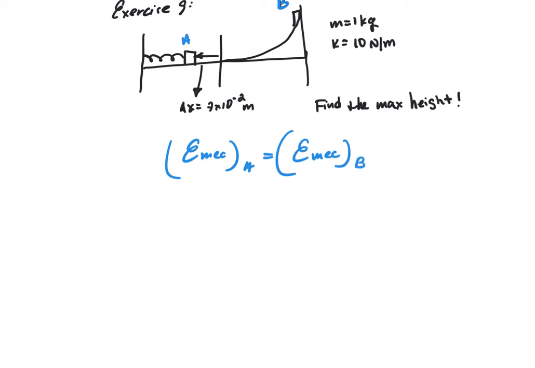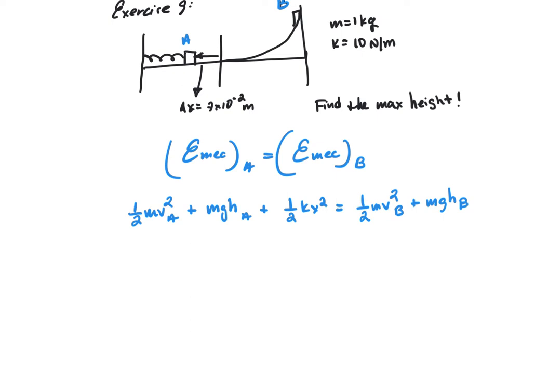We have our kinetic energy, one half m v of A squared, plus potential energy, which is m g h, the height of A, plus the compression, one half k x squared, equals one half m v squared of B plus m g h B plus the compression.